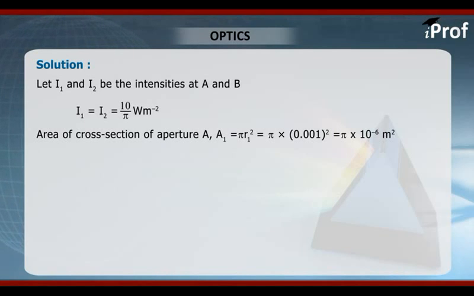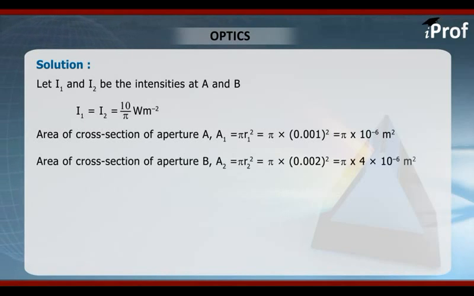Similarly, we can calculate the area of cross section of aperture B, that is A2, and it will be pi R2 square is equal to pi into 0.002 square, and that works out to be pi into 4 into 10 to the power minus 6 square meter.